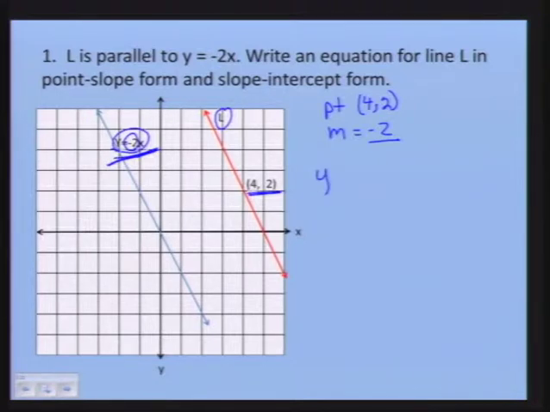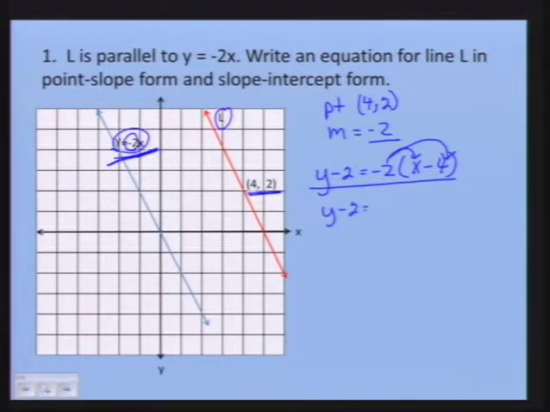So using point-slope form, we'll say y minus the y of the point equals the slope times x minus the x of the point. And then we have the point-slope form of the line. If I want to get it in slope-intercept form, I'll solve for y. So to solve for y, first of all, I'll simplify the right side by using the distributive property.